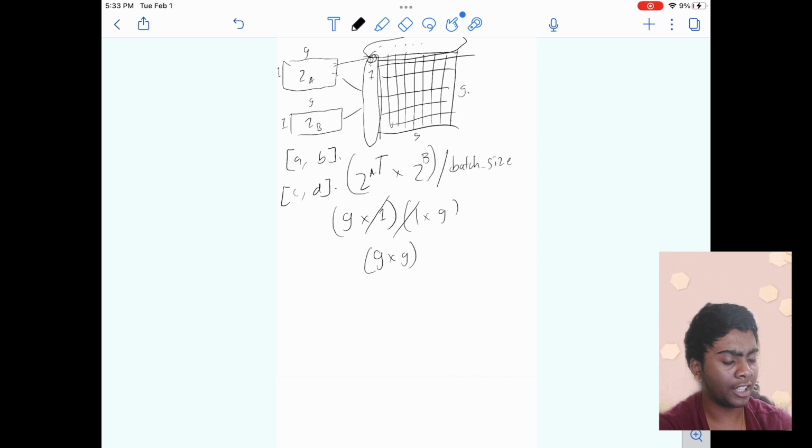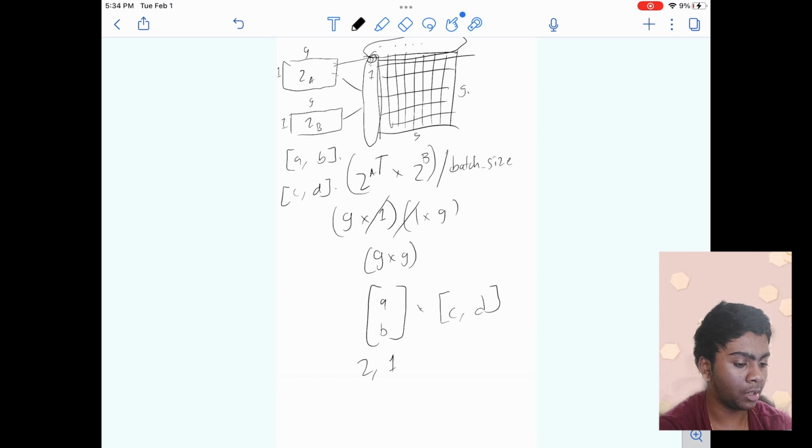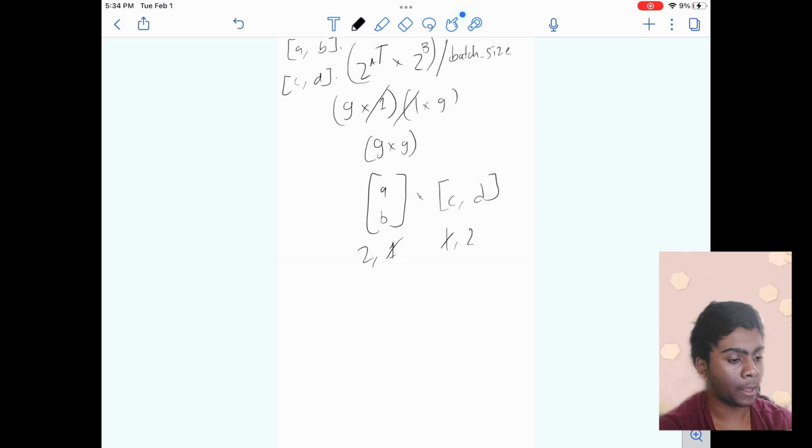Anyways, let's do this algorithm. We transpose it and we get A, B times C, D. This is a 2 by 1 matrix times the 1 by 2. So in the end, our cross-correlation matrix should be 2 by 2, right? So let's draw our matrix and do the matrix multiplication.